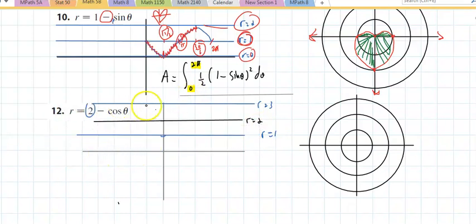Okay, and a cosine graph starts from the amplitude, but this is reflected, so it starts once up, back down. That's 1 full revolution. And here there's no shifting.